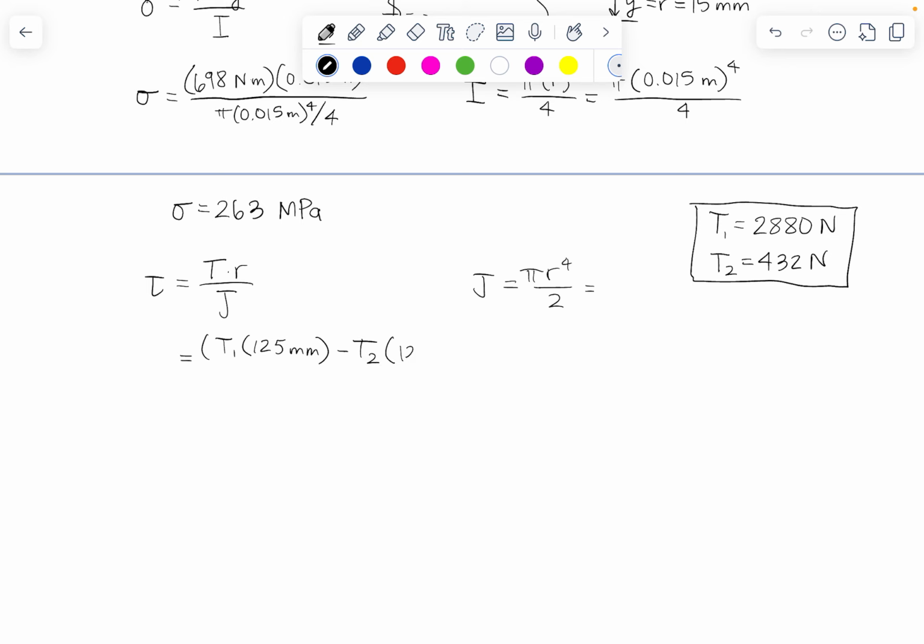T2 also times 125 millimeters. And R is the radius of the shaft. That's the distance that we want our shear stress from the center of our cross section.